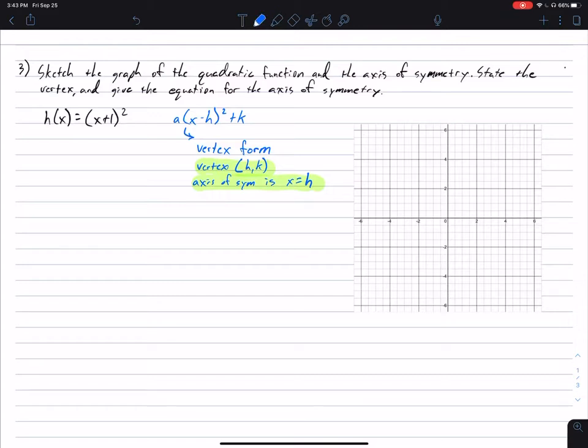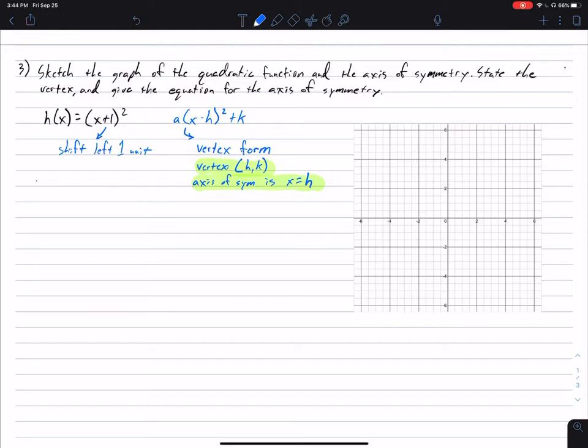So here, this plus 1 is going to be my h value. This tells me that my graph is going to shift. It tells me a horizontal shift. It's backwards. So instead of being plus 1 thinking right, it's actually going to go left. So our graph is going to shift left 1 unit. Now, what are my values here? I don't really need to worry about a in this case.